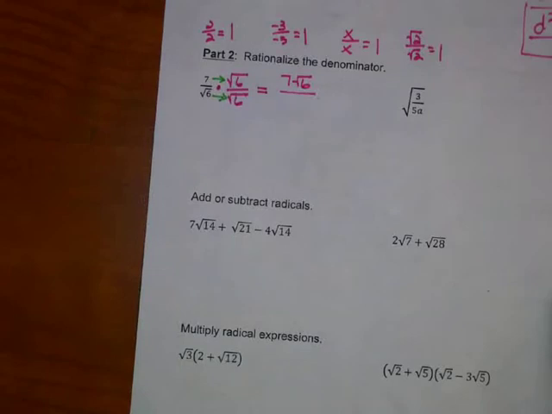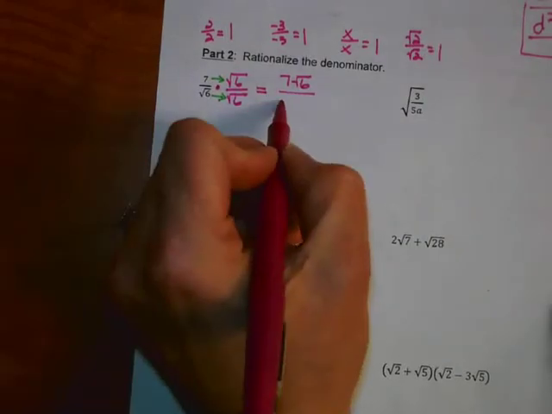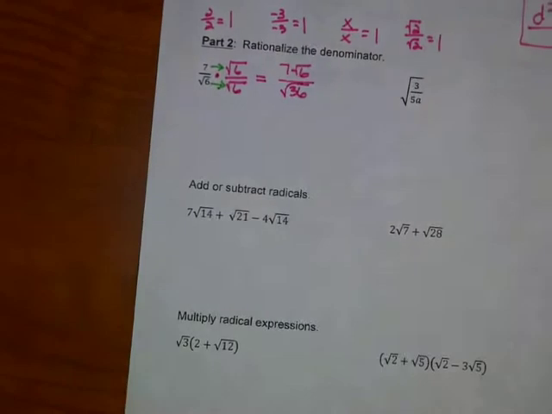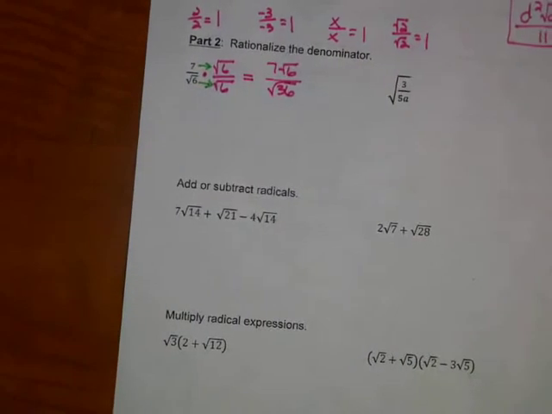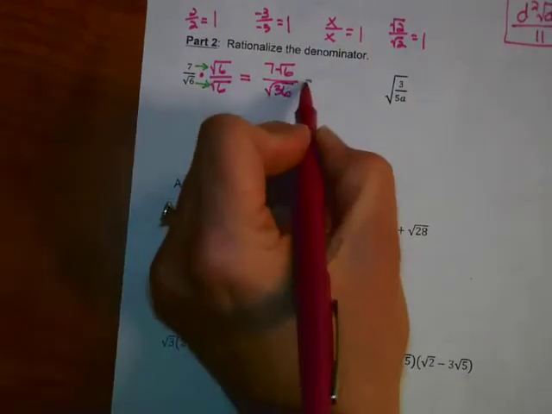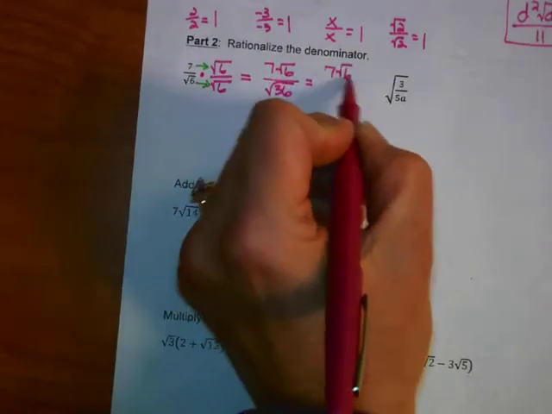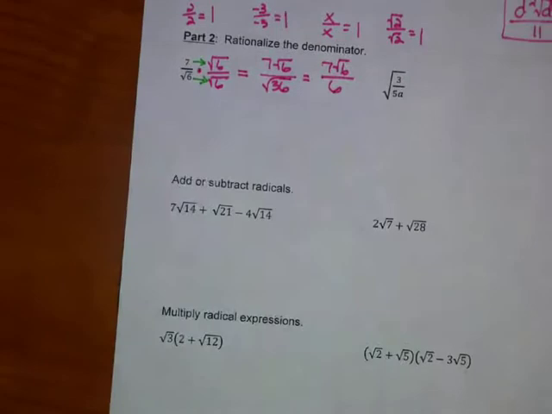My denominator is going to be the square root of 6 times the square root of 6, which we could just write as the square root of 36 for now. Maybe you don't need to do that step, but we'll write that. And then to finish this, I can actually take the square root of 36, and I have a denominator of 6.